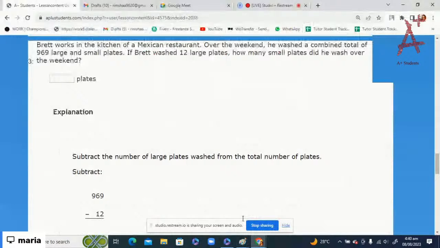It means the total is large plus small. But in the next line, he washed 12 large plates. Mentioned here, large plates are only 12. And how much are the small plates? So we just check it now. Let's do it.